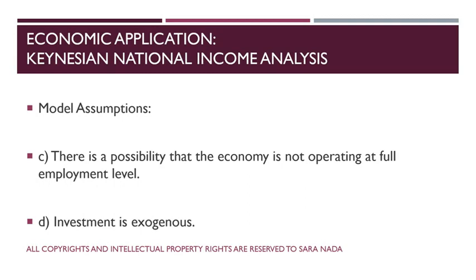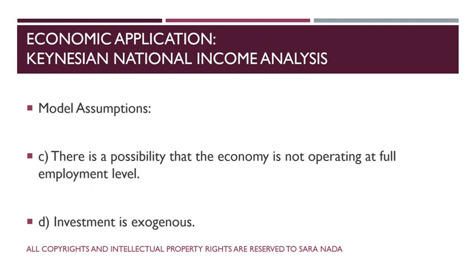The Keynesian school of economics stated that the economy can be operating at levels of unemployment. So this is one of the assumptions of the model. There is a possibility that the economy is not operating at full employment levels. There can be some factors of production that are unemployed.